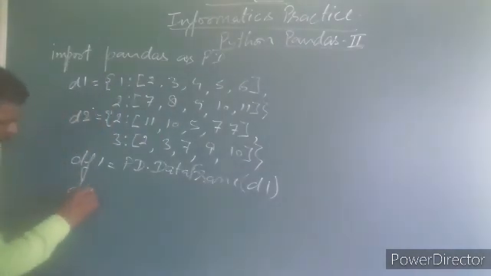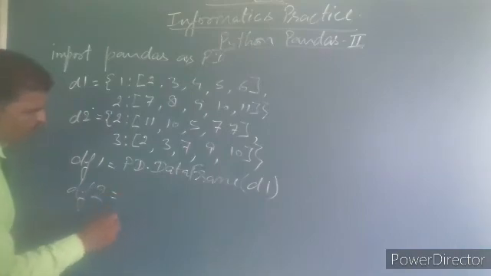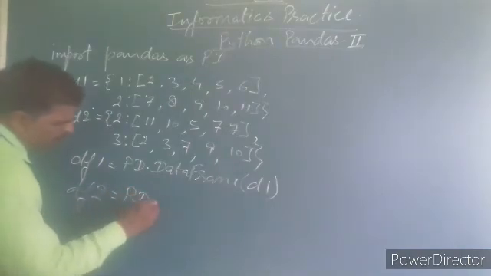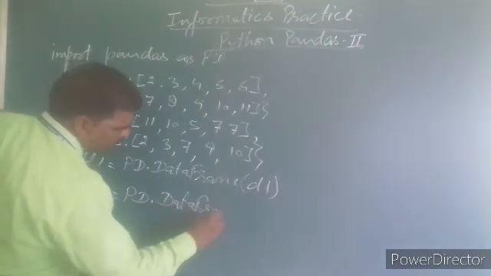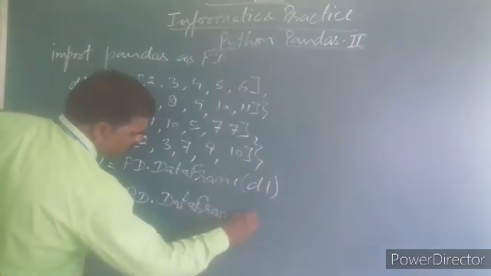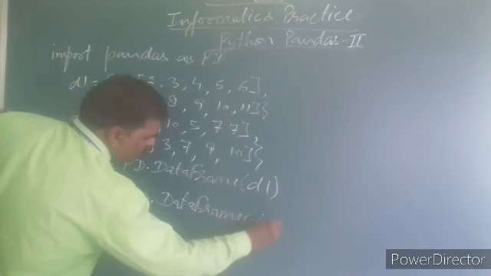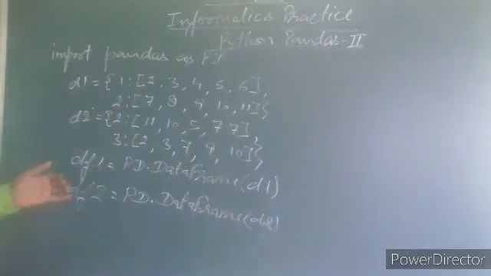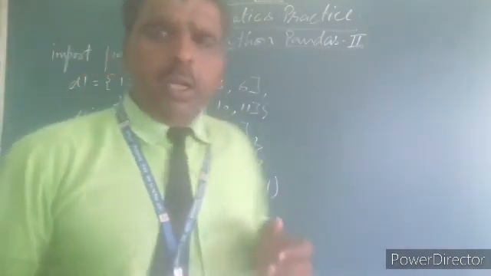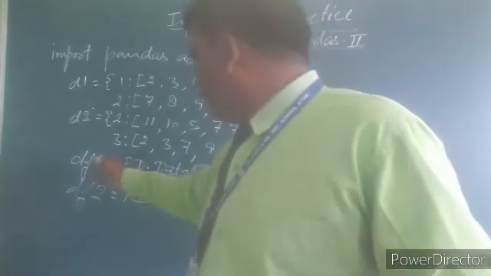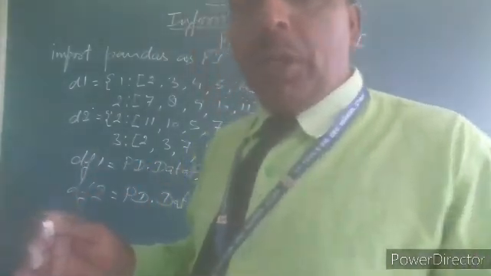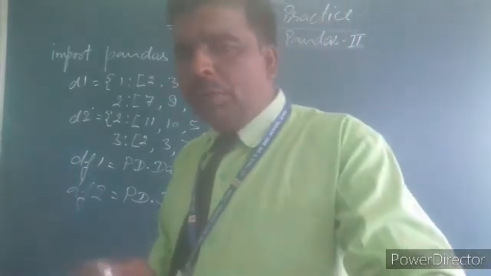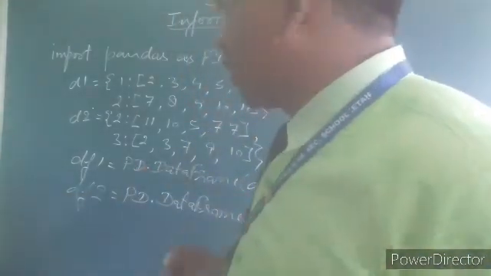After that, df2 equals pd dot DataFrame of d2. So in df1 and df2 we have stored all the values in the form of data frames.